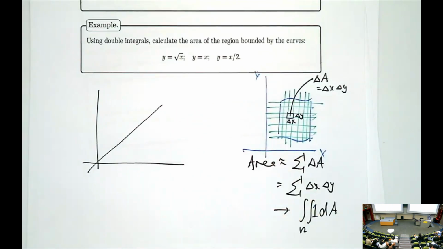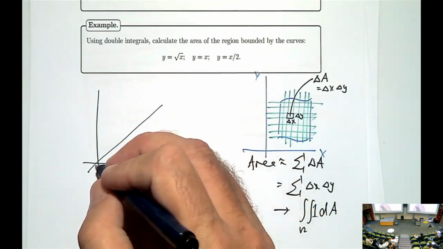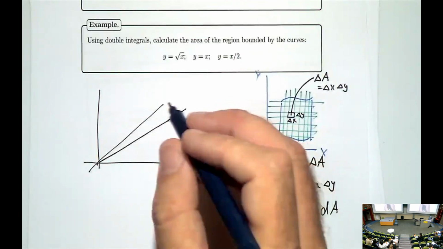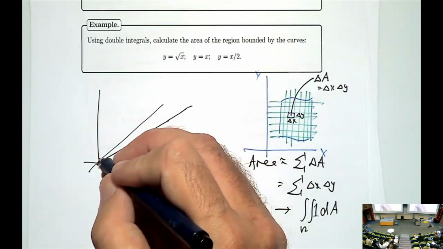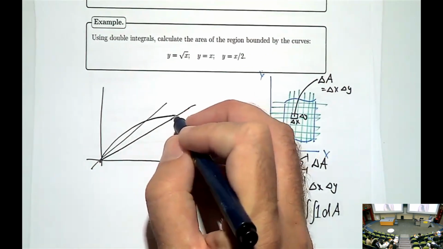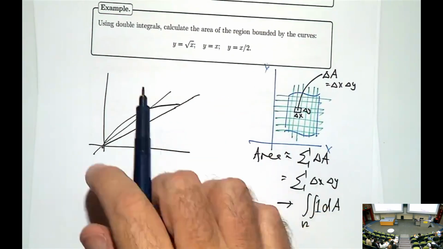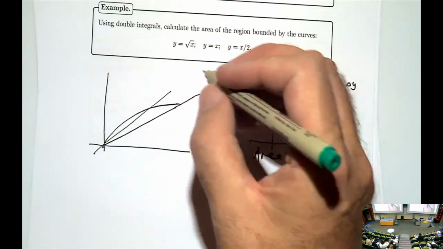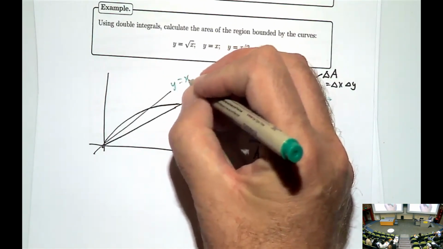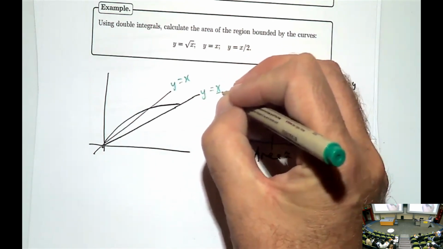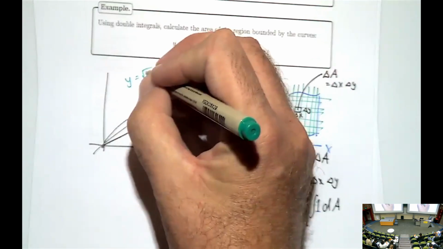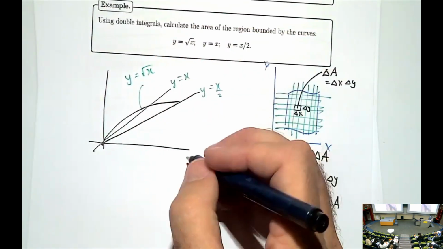So let's say that's x, and that's root x. This will be y equals x on 2, and this one will be y equals root x.